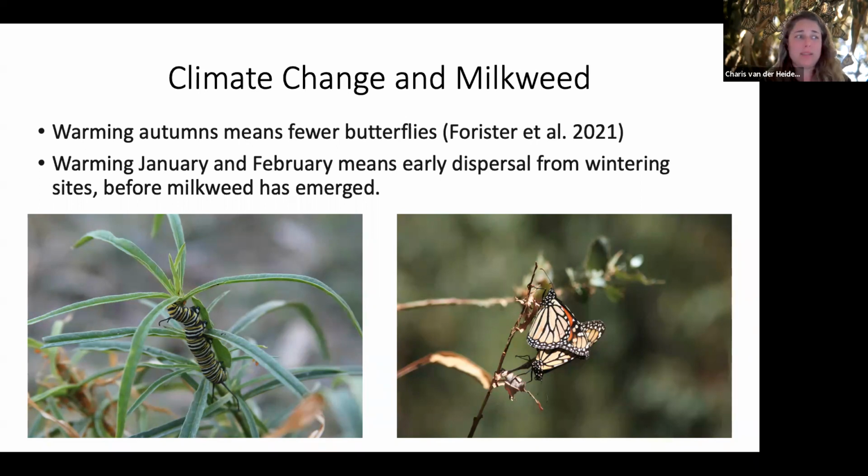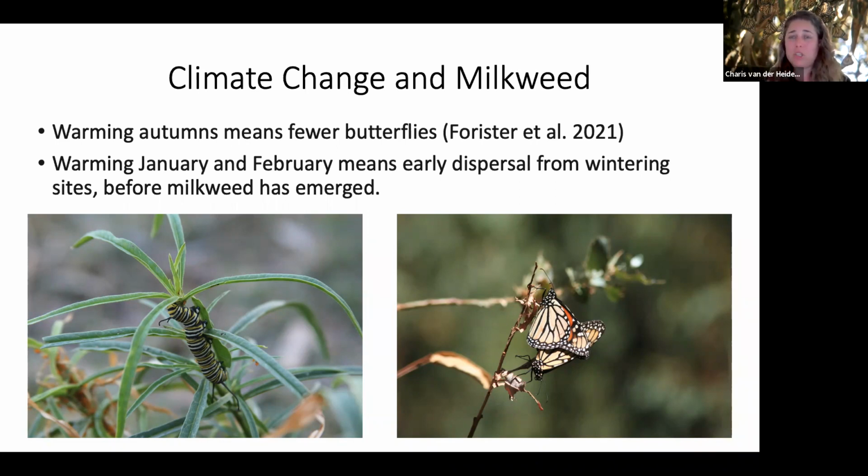Where they have typically waited until March, they're now leaving in January. And that means that they're now leaving and looking for milkweed across the landscape that may not be emerging yet. Milkweed can emerge and germinate around February or March, sometimes as late as April.